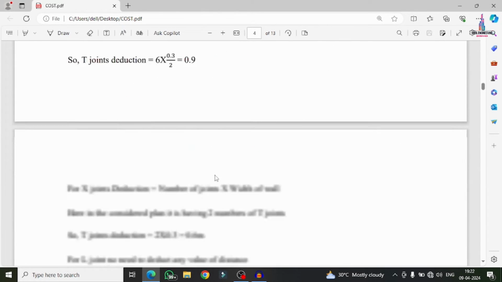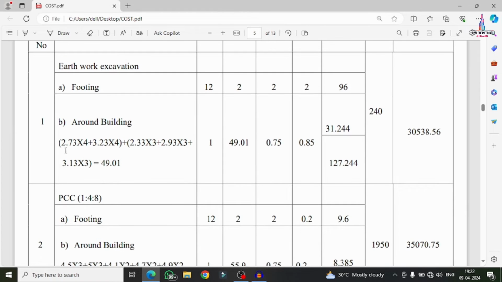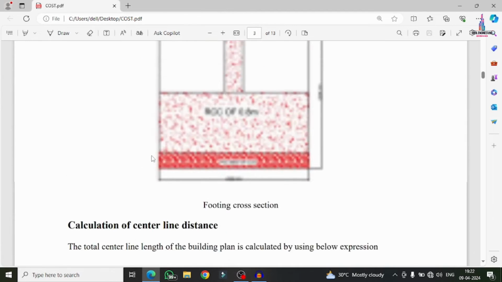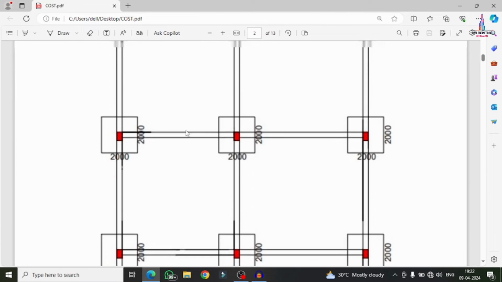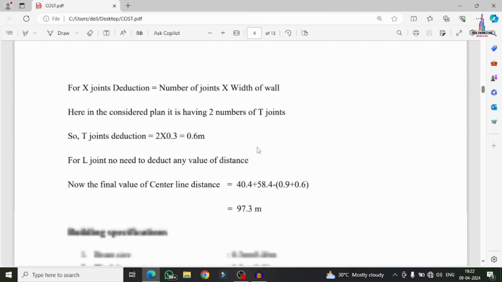Now I will show you that particular section. The value is 2.73, multiplied by 4. 4 is the number of beams that exist for this level: 1, 2, 3, 4 here in the horizontal section.